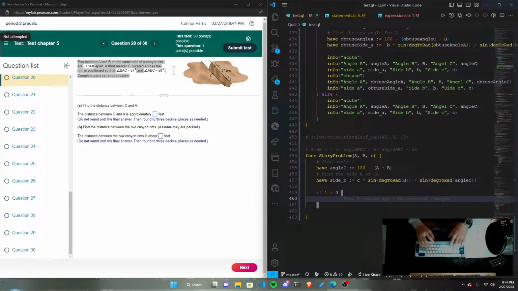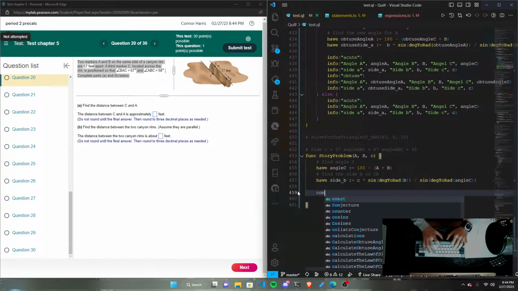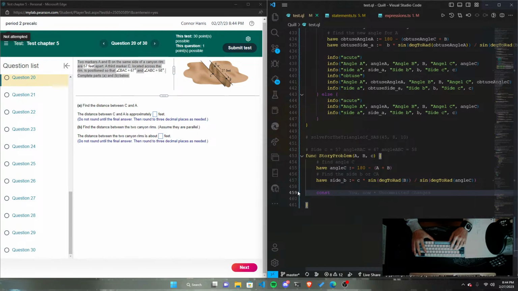Okay, so now we need to set A to be 90 degrees because we had to cut the triangle in half to find our side of B. Right, so now we need to say, let's use a const. Oh no, we don't. We don't have to reset A because we can just define a new constant of A. Let's call it, what should we call this value?